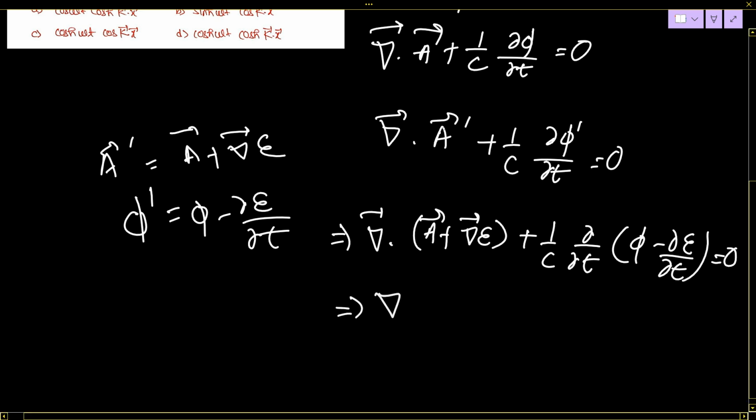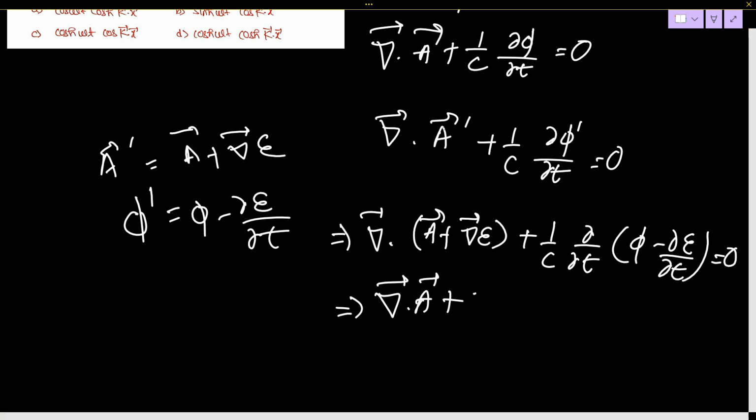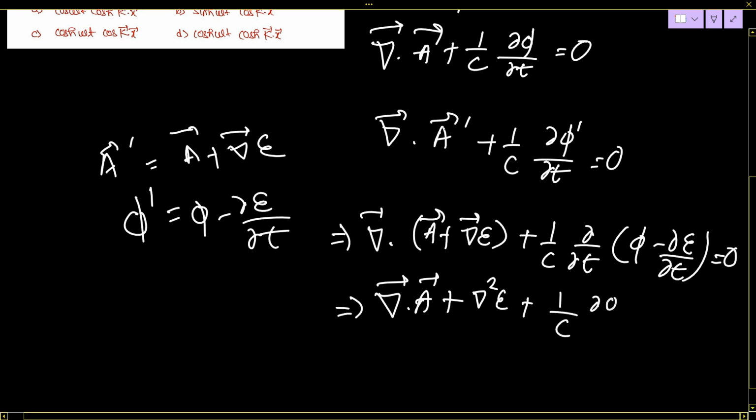Okay, so this one, if we open it, we get del square epsilon plus 1 by c del phi by del t minus 1 by c del square epsilon by del t is equal to 0, right?